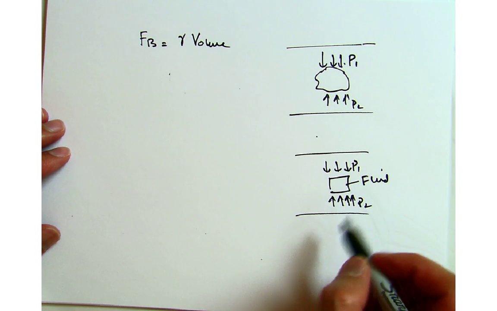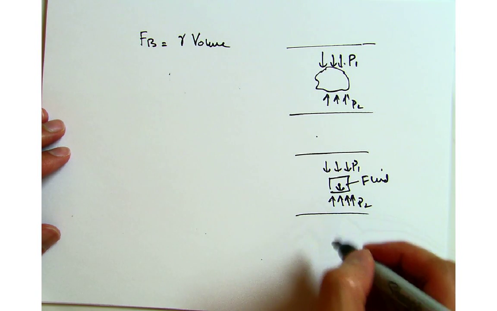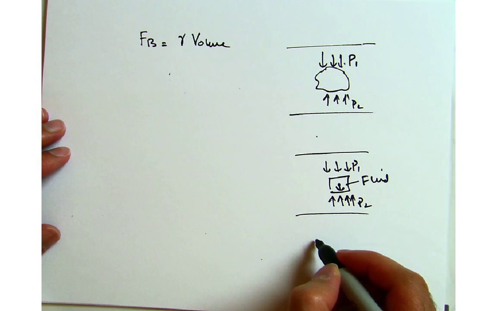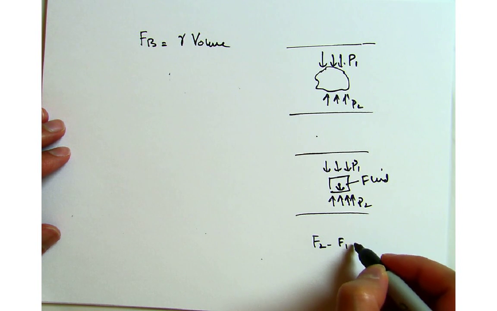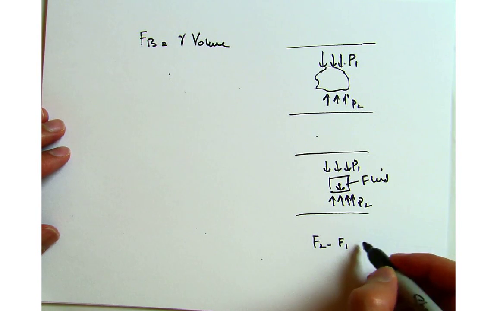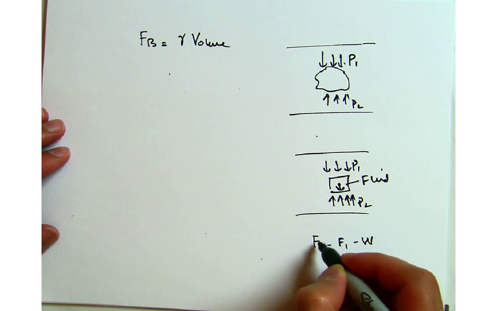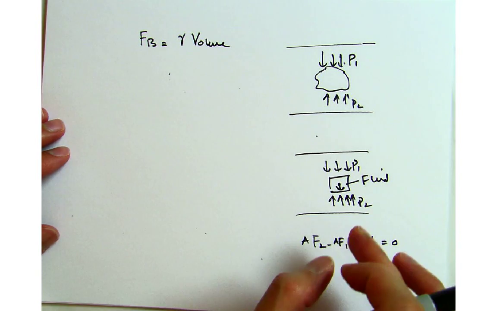The idea is the forces are balanced by the weight of this element. So I can write F2 minus F1, and you also have to balance the weight, which is acting downward, and that equals 0, so there is no fluid movement.